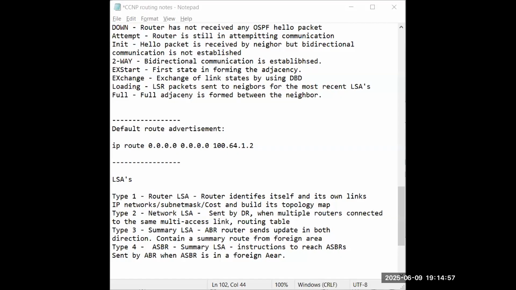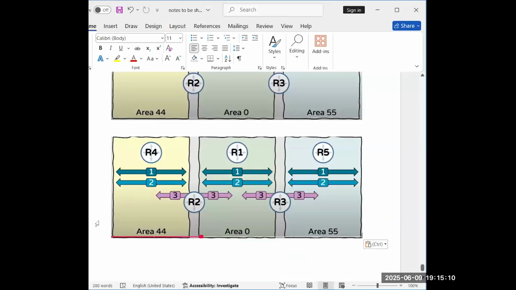Say in our topology diagram we have another router over here, R6, for example, and that router is connected to a different routing protocol, either EIGRP or RIP or a static route or default route, anything that does not fall under OSPF routing.